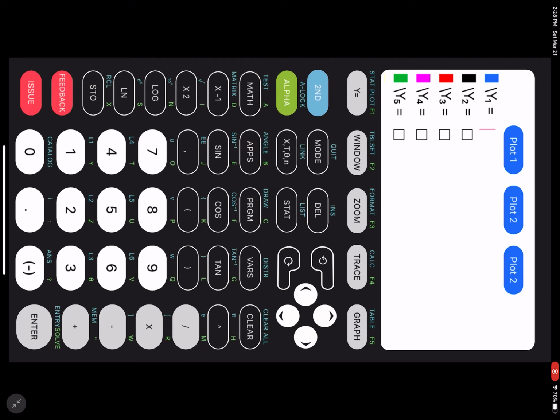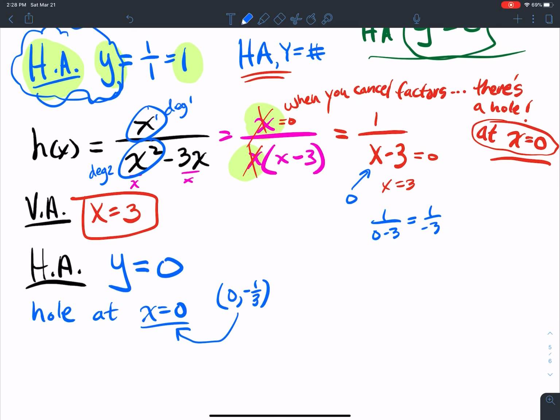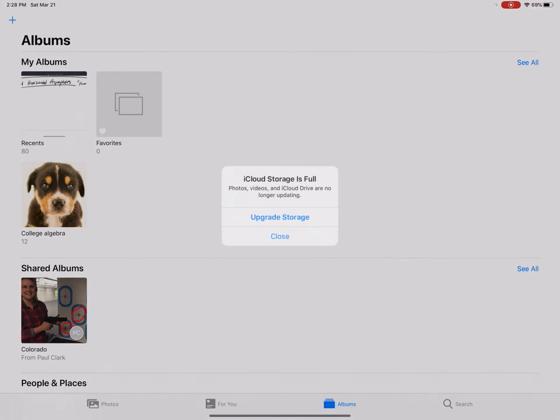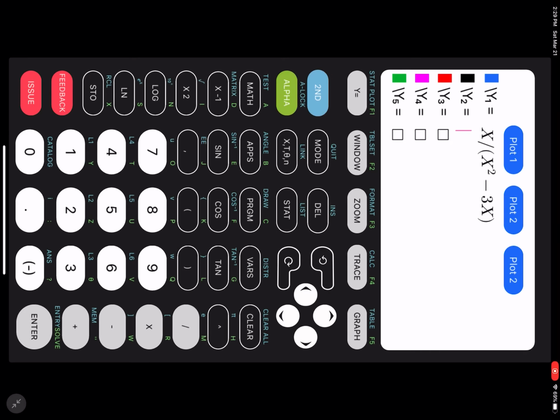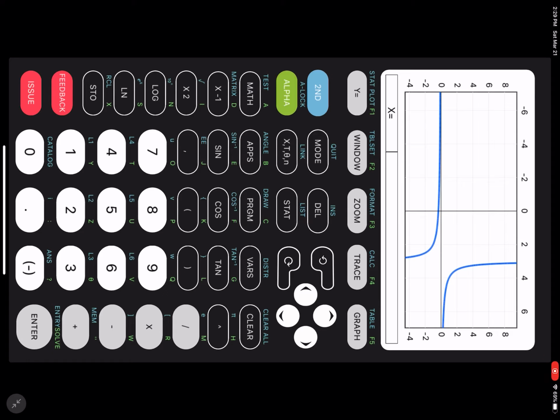So what we had was x divided by parentheses x squared minus 3x, close parentheses, enter. Let me make sure that that's right. Okay, all right, cool. Oh my goodness. Wrong way. All right. So when I graph it, it looks like this.